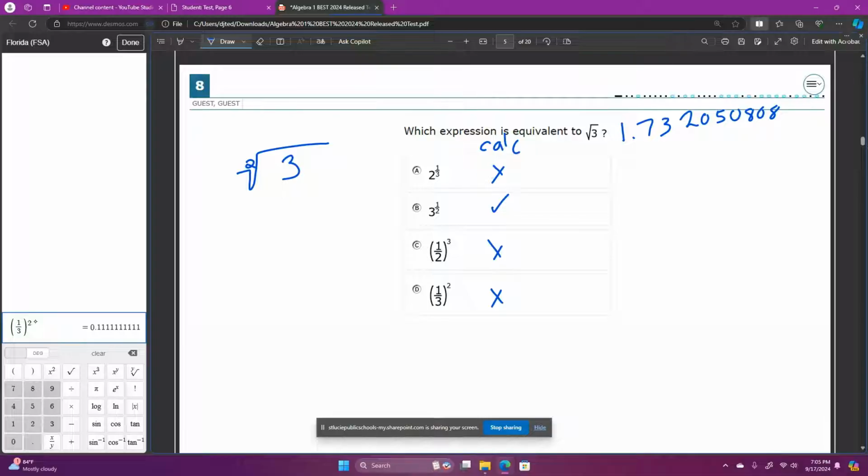So if you had 3 squared, and then you take the square root of it, your square and your square root cancel each other out, because what that means is 3 squared times a half, and 2 times a half is 1, just 3.